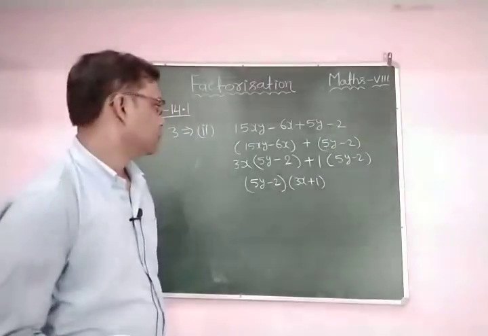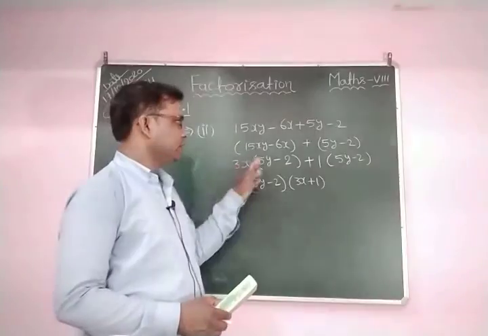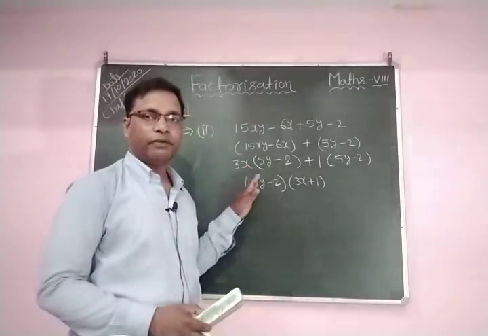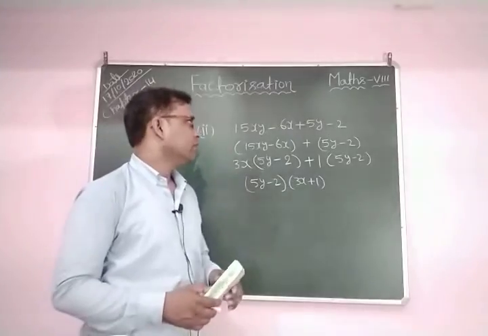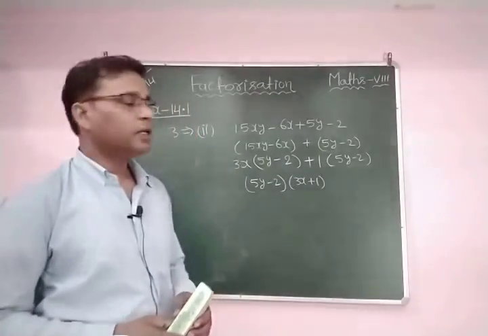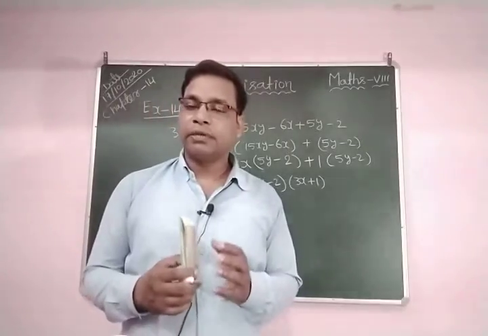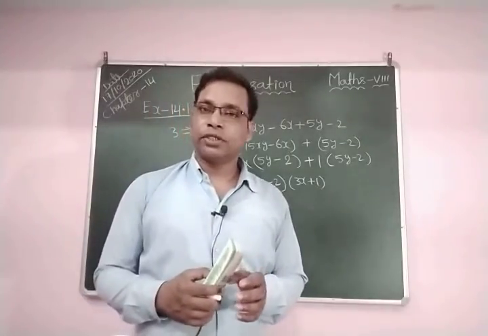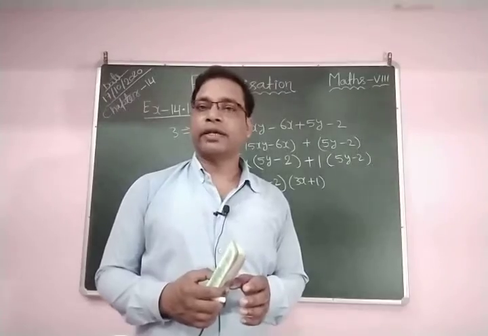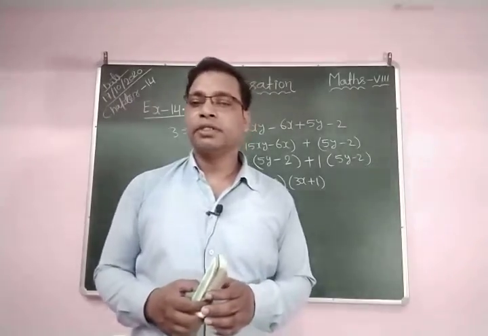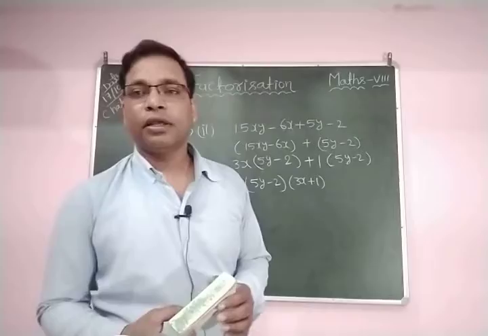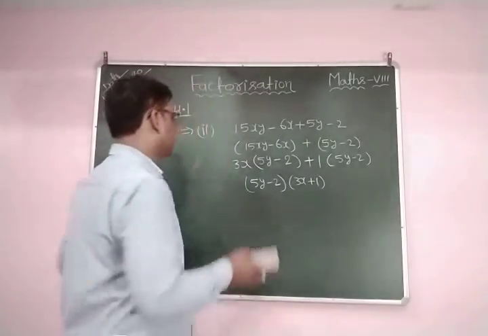Okay, so in this way you can see how to find the factors of 15xy minus 6x plus 5y minus 2. Now we are going to discuss the third part of this question: how to find the factorization of ax plus bx minus ay minus by. So let's see.